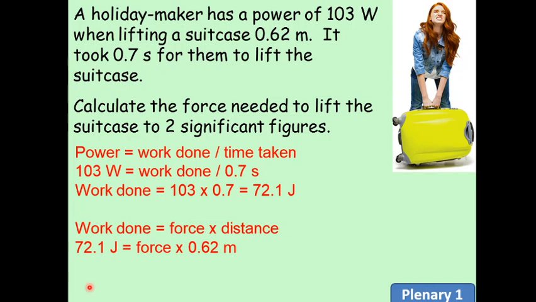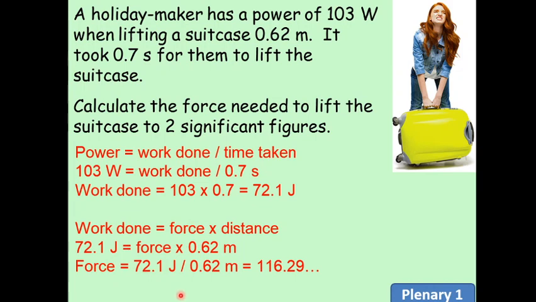So if we do that, we've got 72.1 is equal to force times 0.62 meters, and the opposite of timesing by 0.62 is to divide both sides of the equation by 0.62, and if we do that, we end up with 72.1 joules divided by 0.62 meters, and that gives us 116.29 and lots of decimal places on the calculator when you punch that in.